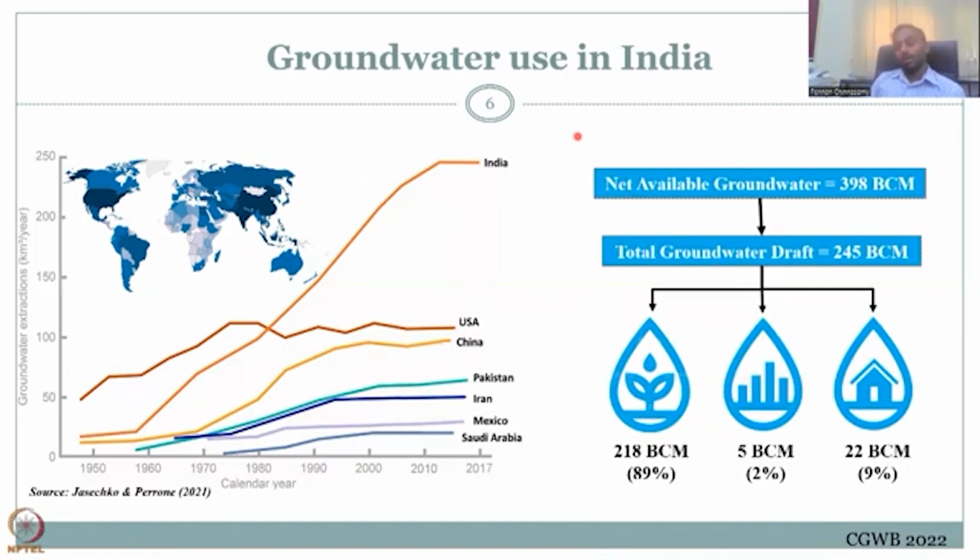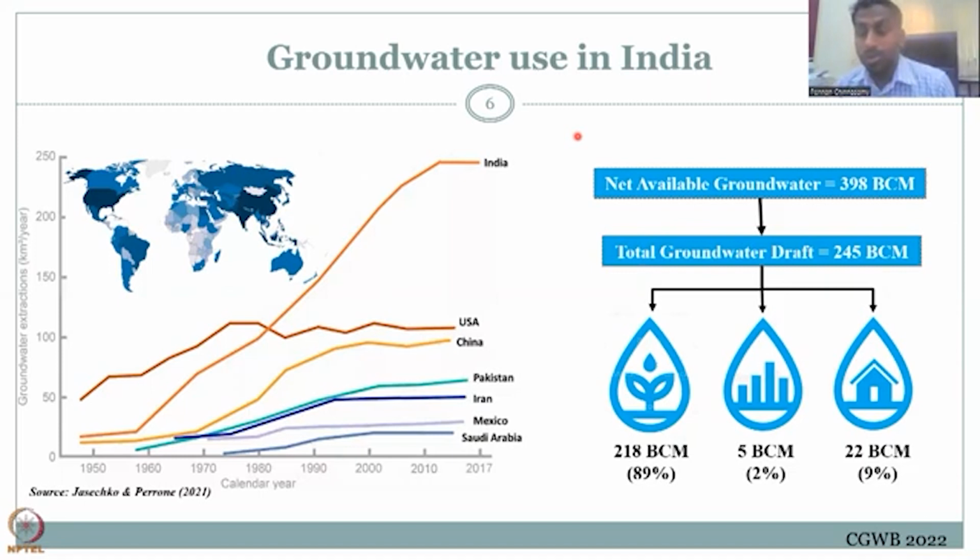Right? So the net available groundwater per year is 398 billion cubic meters. Of that, the total groundwater draft is 245 billion cubic meters, which is put as 89% into agriculture at 218 billion cubic meters, and then 2% into domestic water supply for drinking, washing, cleaning vessels, or bathing.